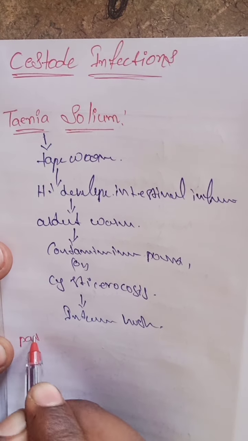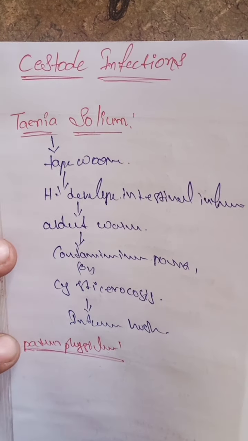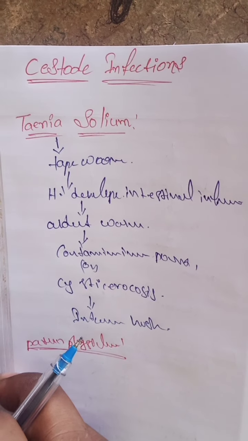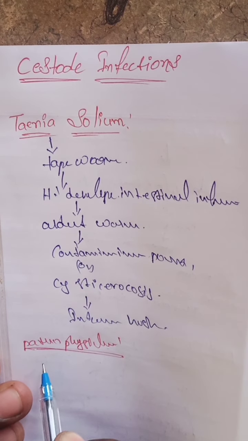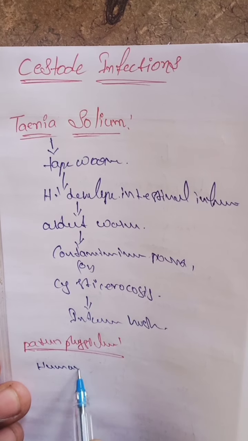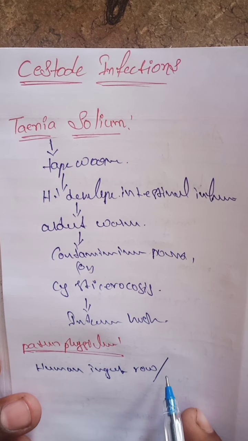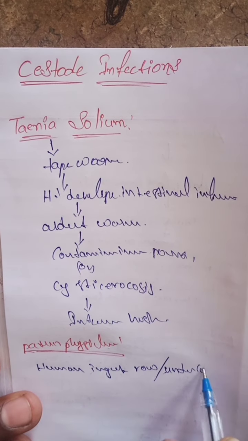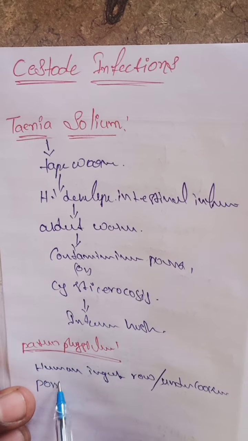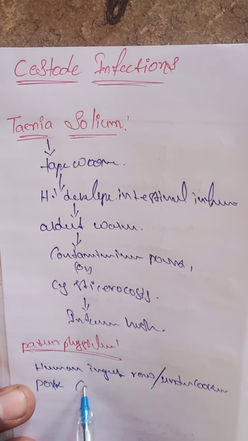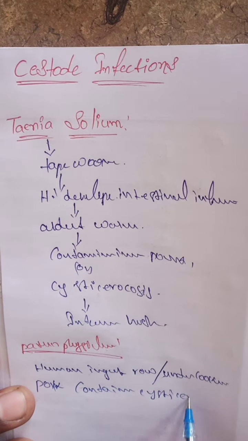So what is the pathophysiology? First, the human ingests raw or undercooked pork contaminated with cysticerci.